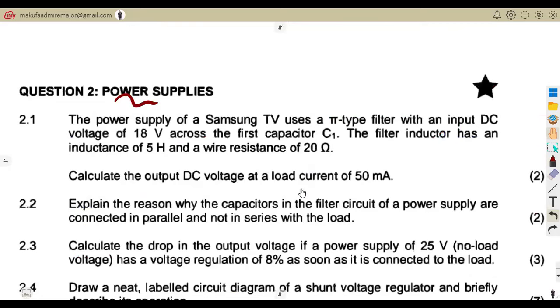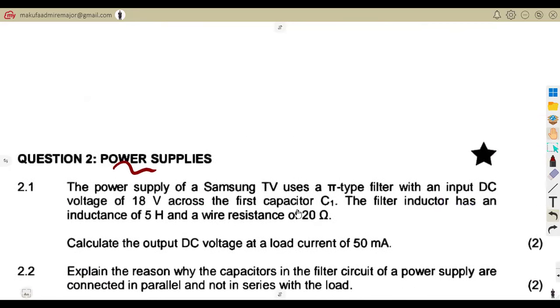So you were given in this case the power supply of a Samsung TV. It uses a pi type filter. So remember, if you're dealing with a pi filter, it can be LC pi, it can be RC pi. According to our question, we are given an input DC of 18 volts.